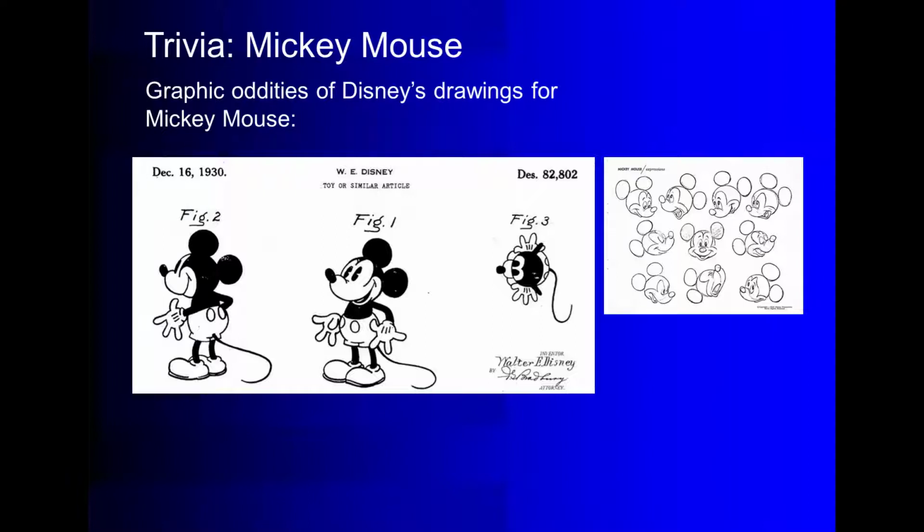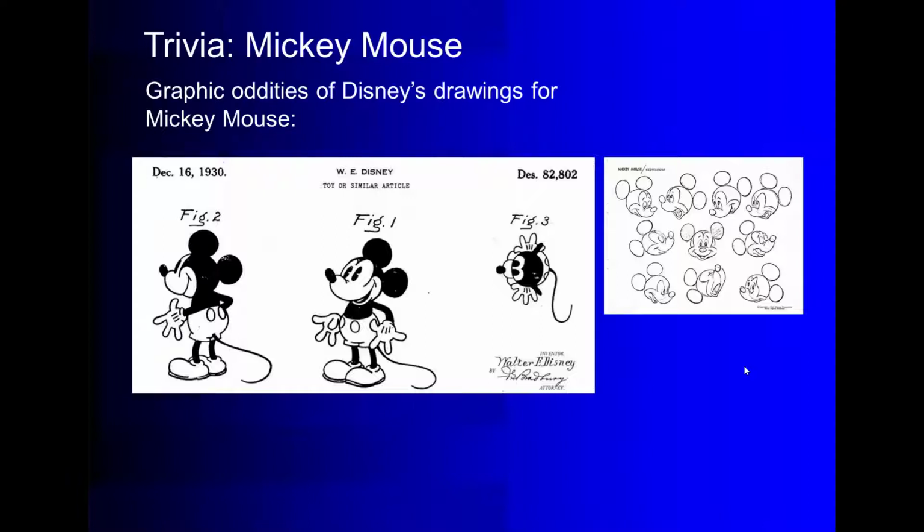But there's a more up-to-date one on the right showing emotions, but also showing all the ways in which Mickey Mouse is a stylized graphic meant to create a certain kind of feeling and not be entirely in the realistic vein.